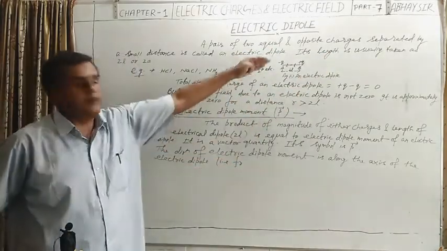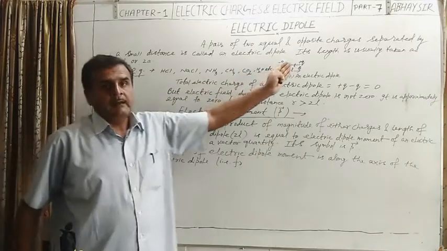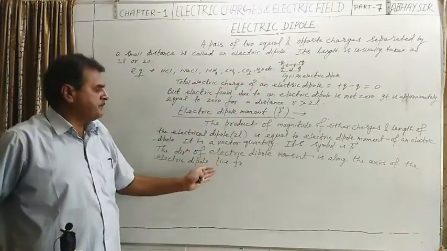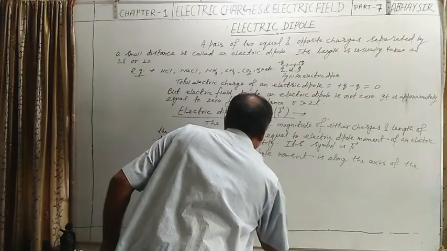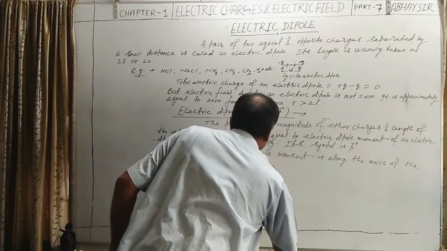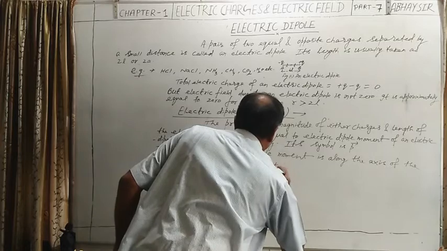So the direction of electric dipole moment will also be along the axis of the dipole, from minus q charge to plus q charge.